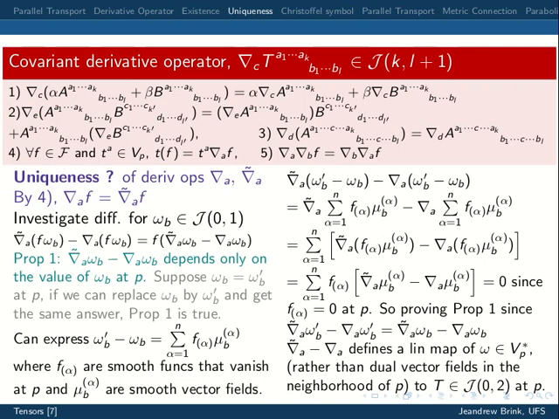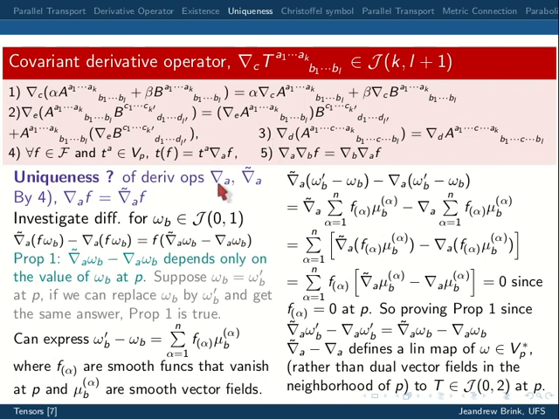The way we defined it was with basically these 5 axioms that it has to obey, and the fact that if you apply it to a type (k, l) tensor, it results in a type (k, l+1) tensor. And then we showed that there's always one that exists, which is your ordinary derivative.